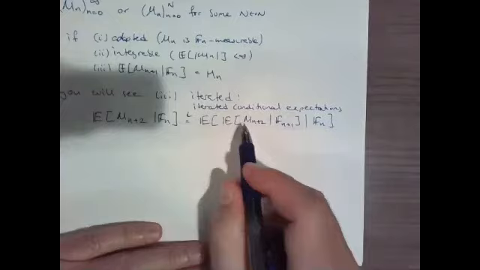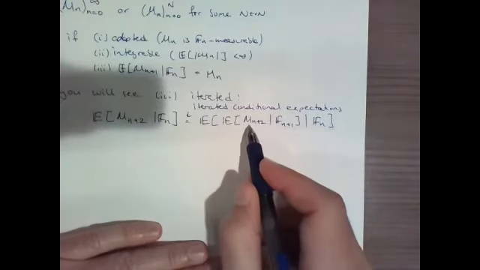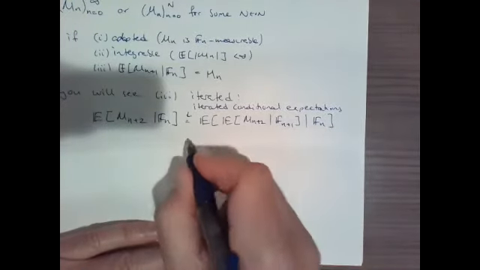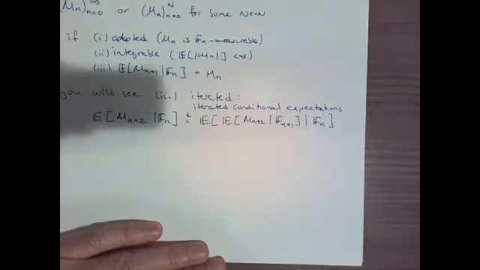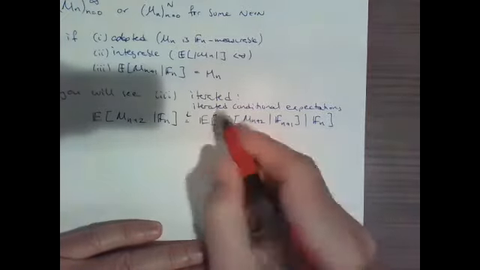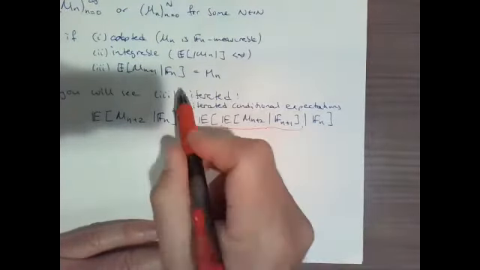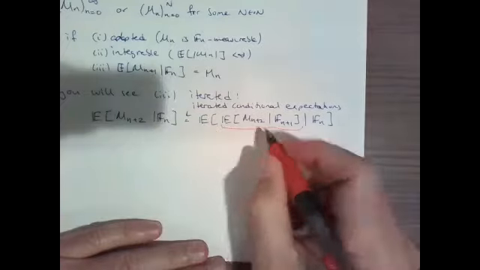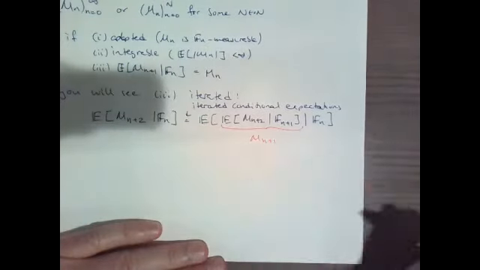And so then we can use the property that it's a martingale. The inner conditional expectation, I can find using the property up here. This is going to be Mn+1.